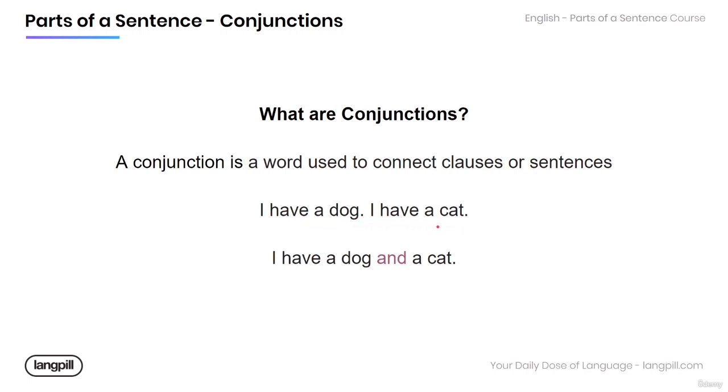These are good sentences, but to be more advanced in English, we want to make this longer into one big sentence. So we use something called a conjunction. And is a conjunction. It joins these two sentences. Now we have, I have a dog and a cat. So we are writing a better sentence, more complex, and we're taking out information that we don't need. Here we have I have. We just need it once.